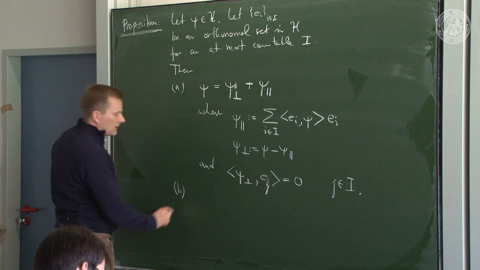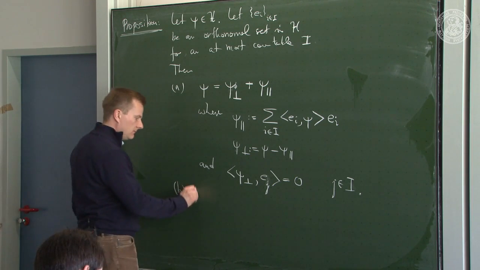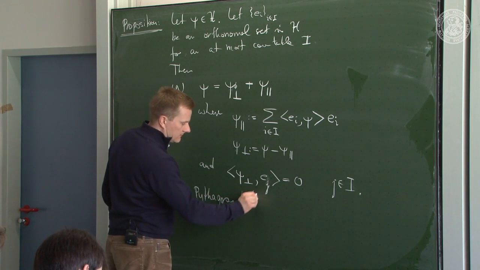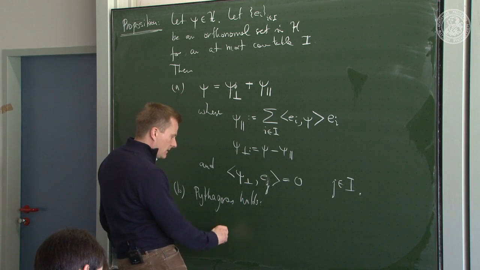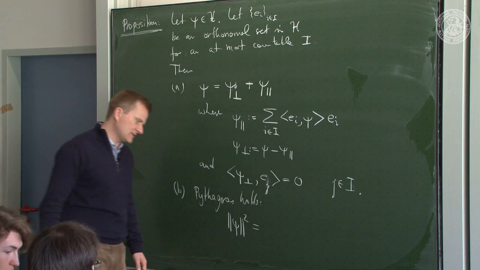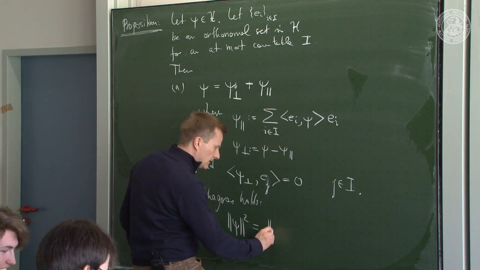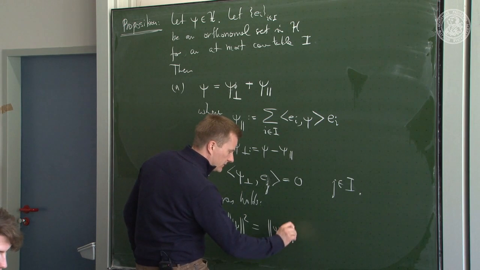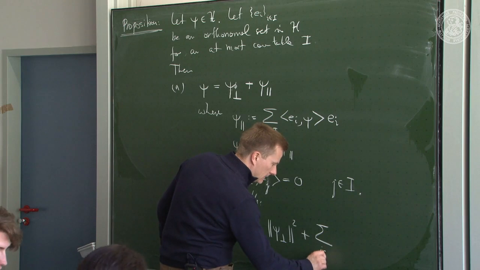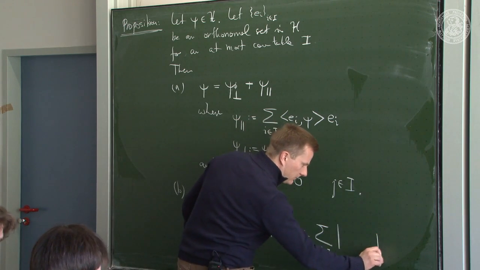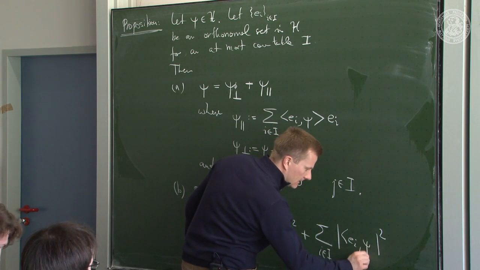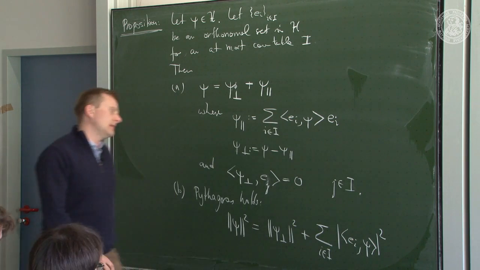Then B, we have Pythagoras theorem. Pythagoras holds. How does it look like? Well, it says that if you take the psi norm squared, that is the norm squared of the orthogonal complement, plus the sum i in I of all possible absolute values squared, e_i psi, like this.